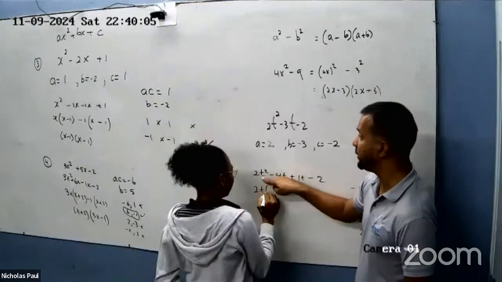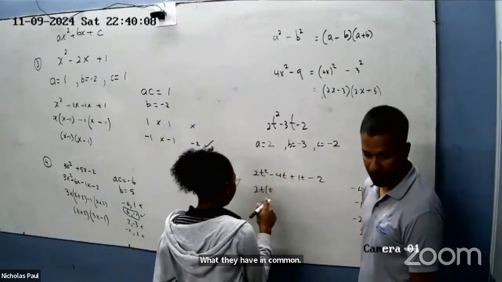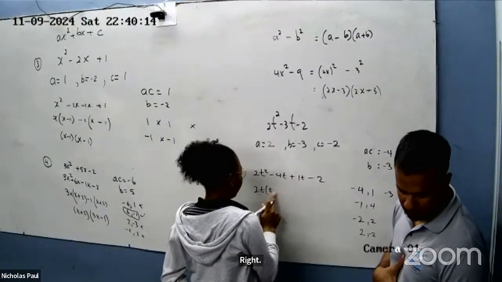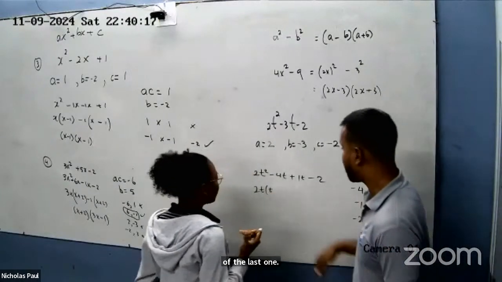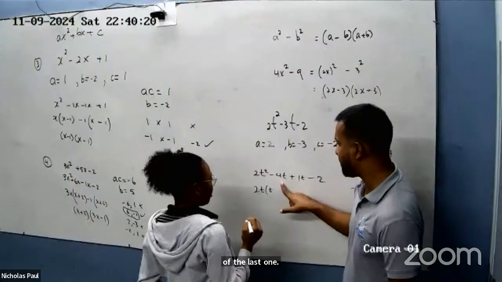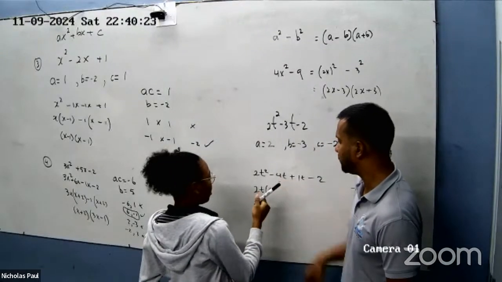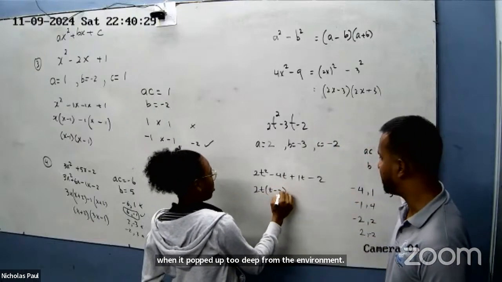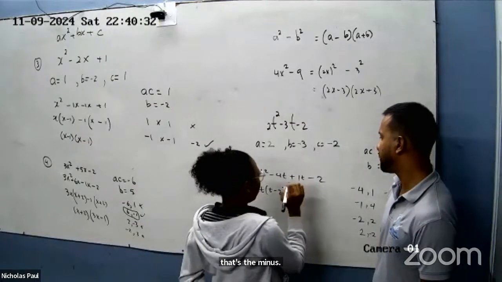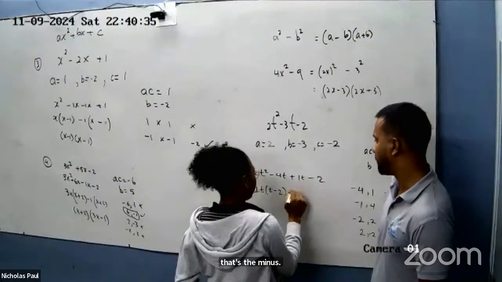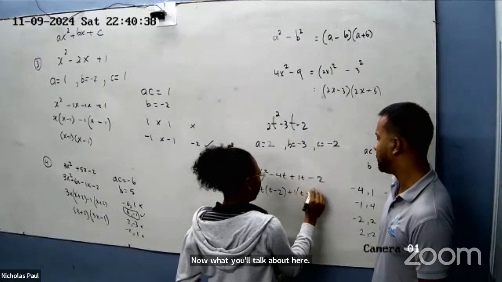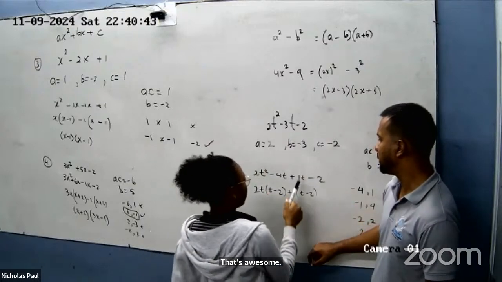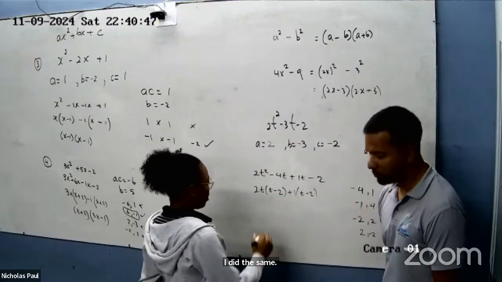They're taking out 2t. What's the last one? Factor out from the end again. So let's take out 2 to put minus, so we get the sign. Now what will you factor out here? Plus or minus? Plus. Are they the same? And it's still the same?